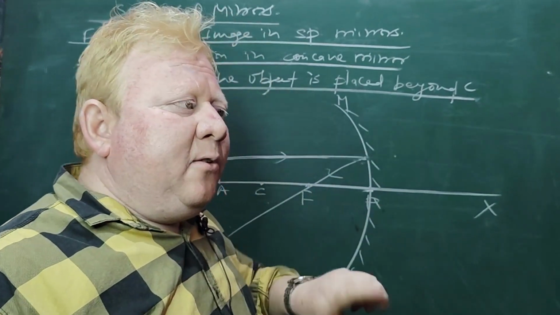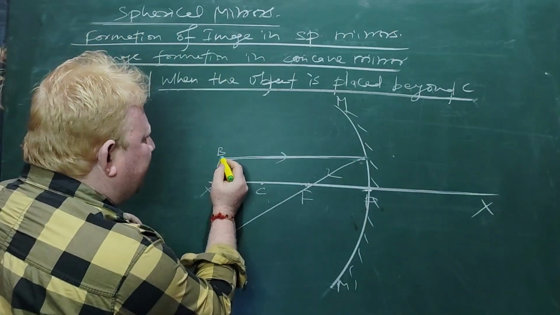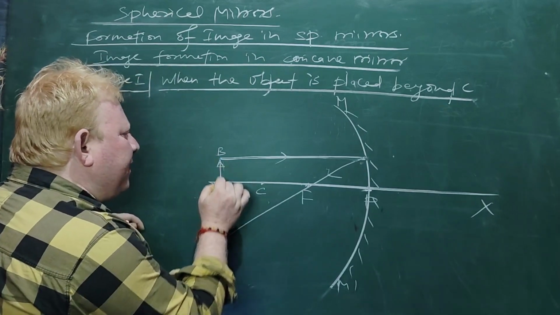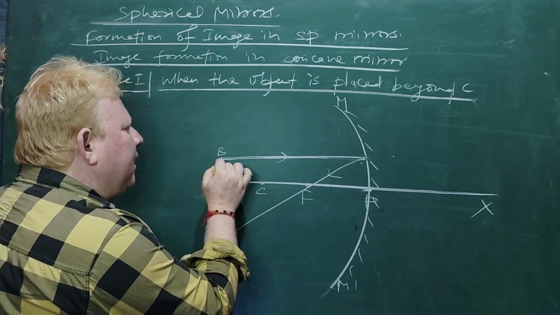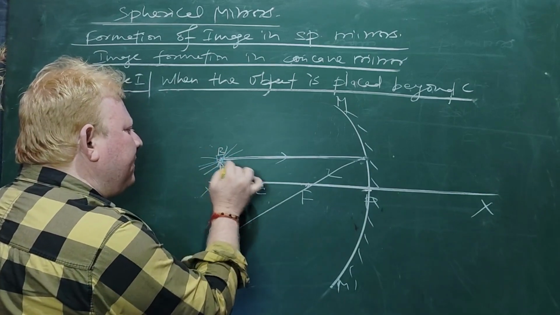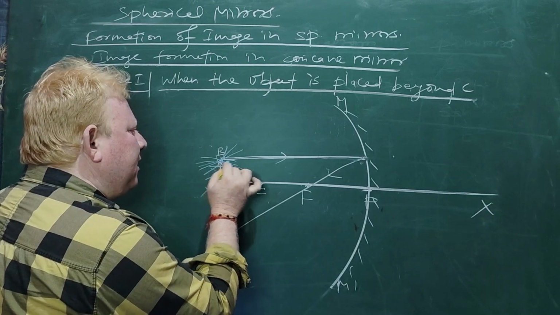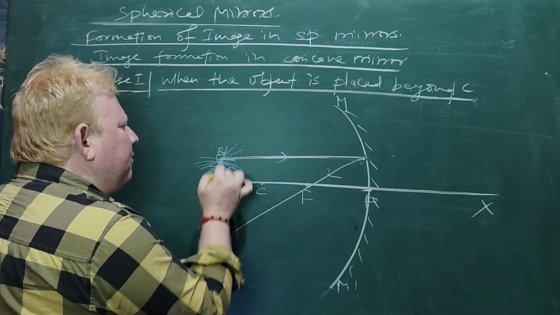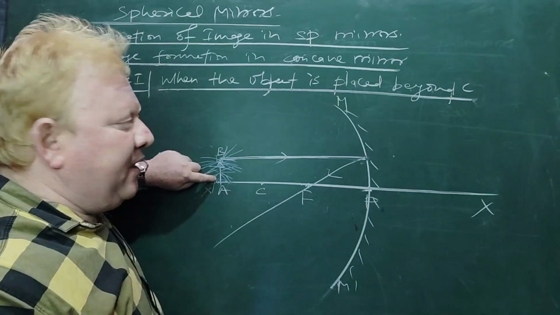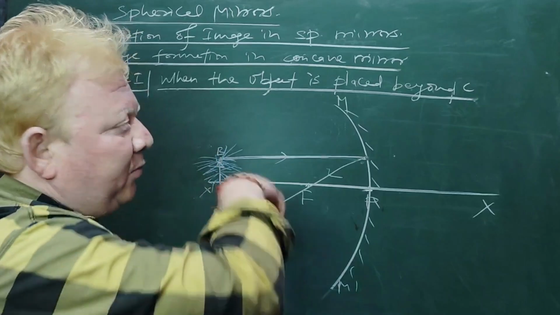So for that, what is easy to take? Actually, let me tell you that from this object, every point present in this object emits light rays in all possible directions. From header to footer, all the points present in this object emit light in all possible directions.